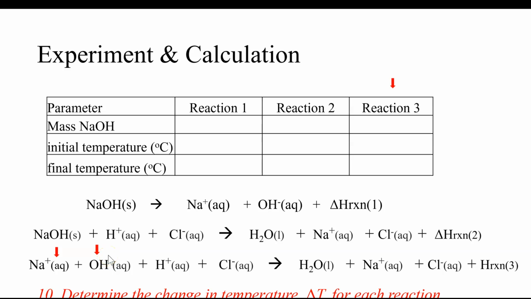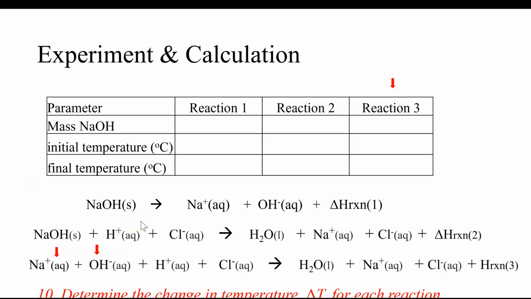The procedure asks you to place 100 ml of 1.0 molar sodium hydroxide. We assume that the density of the sodium hydroxide solution is also 1 gram per ml. So you have 100 ml, which means it is 100 grams of sodium hydroxide solution.